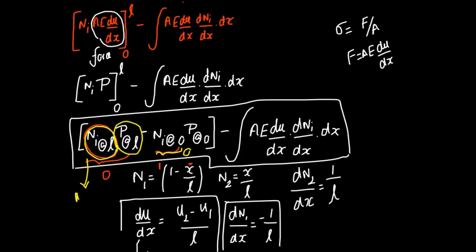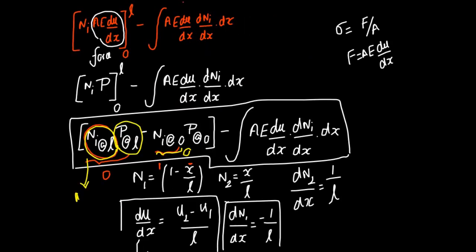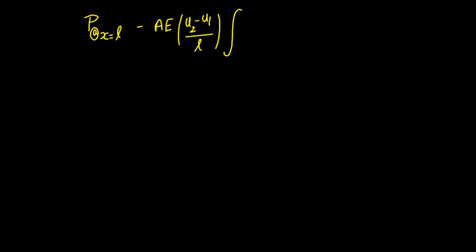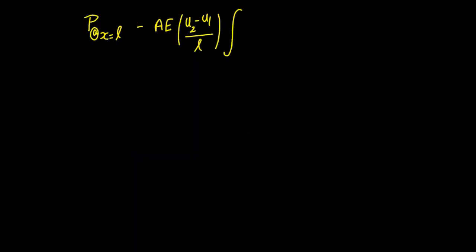Then, followed by minus integral of AE into du by dx, where AE is a constant. We know what du over dx is: it's simply (u2 minus u1) by L, into the integral of dn2 over dx. What is dn2 over dx? What do you get if you differentiate the second shape function n2? dn2 over dx is simply 1 by L, so you get 1 by L into dx.